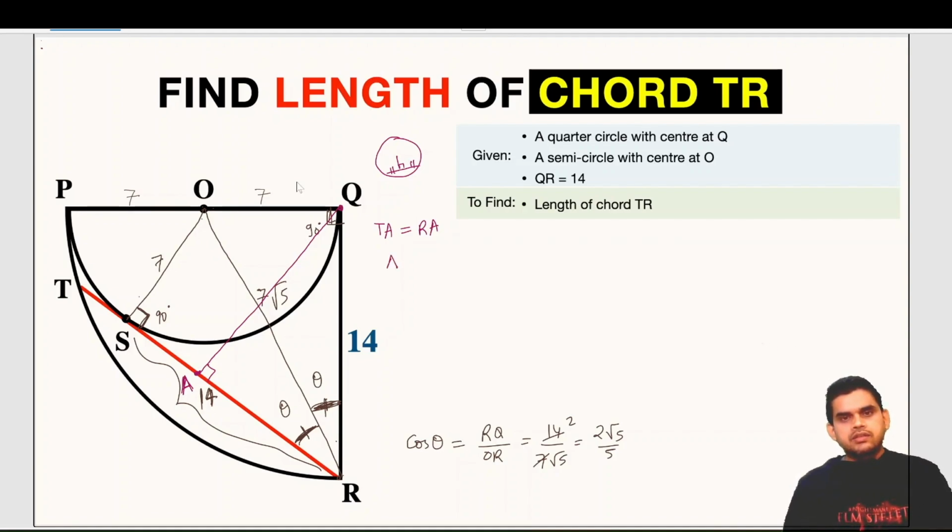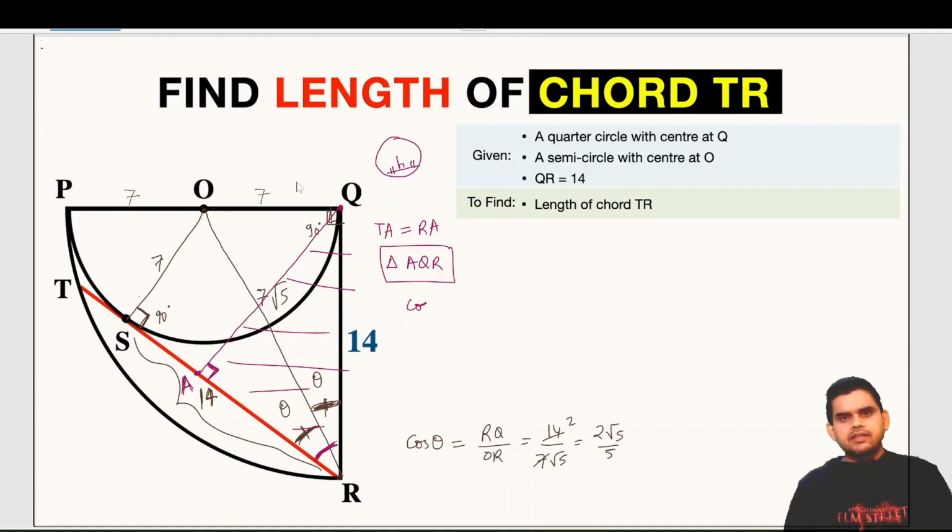Now we will focus in triangle AQR. Here it is also a right angle triangle at A, and this angle is 2 theta.